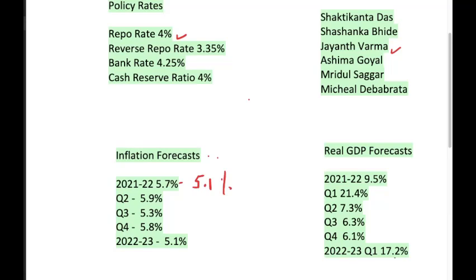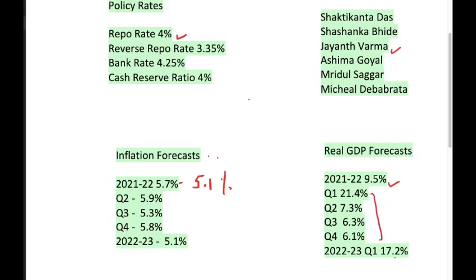So it has raised the inflation forecast, and subsequently for the coming quarters of this year, quarter 2, it is projected at 5.9%, quarter 3, 5.3%, quarter 4, 5.8%, and for 2022-23, it is projected at 5.1%. However, the real GDP growth projection for this year is 9.5%, and for the various quarters as mentioned.